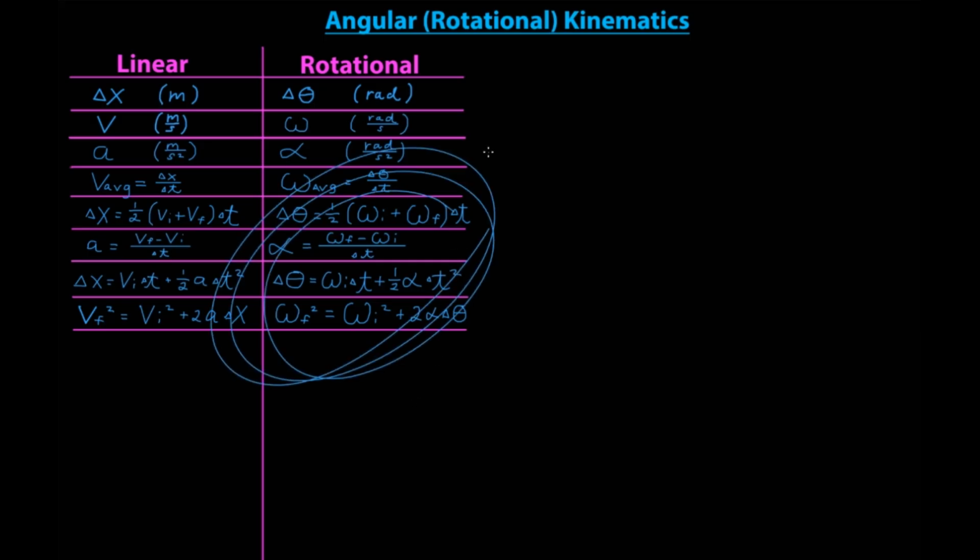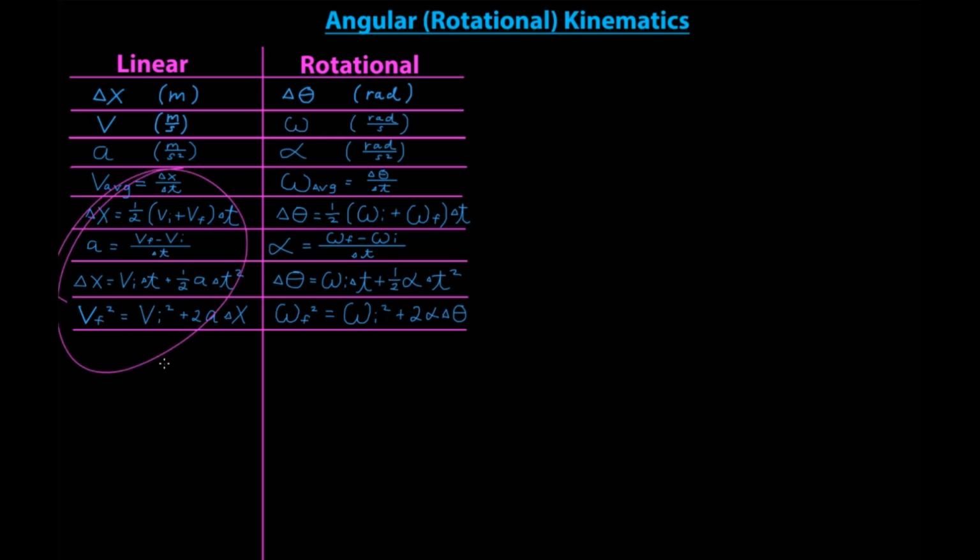Ta-da! Here are the four angular kinematic equations. Done. You literally just need to translate the linear to the rotational variables, and that's it. Believe it or not, that is most of what we're going to be doing when we deal with rotational.